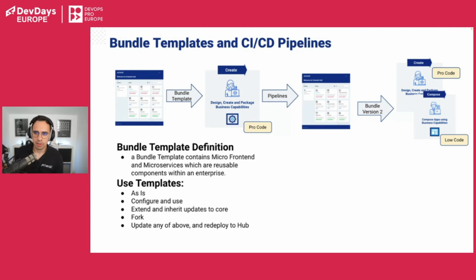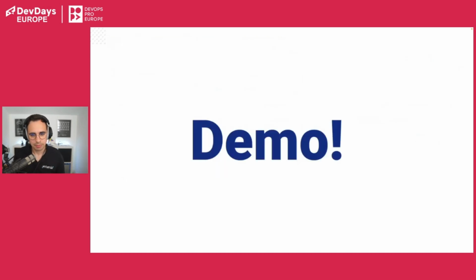So I'm in the creation loop, and in the meantime, the composer will be in the composition loop. That means they can use different versions of the bundles, and every time we have a new version, they can access the hub to manage their application, using the hub as a source of references. Oh, perfect. It's demo time.